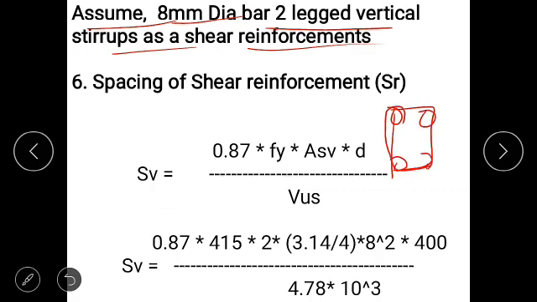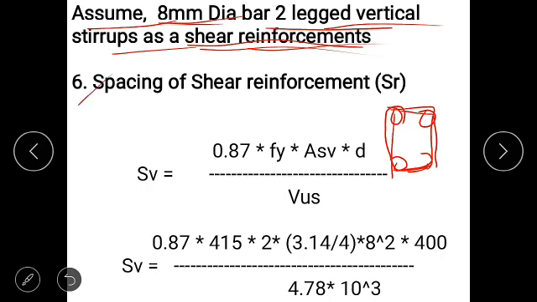We design like this, so it is called a two-legged stirrup. In the first introductory part we already studied two-legged, four-legged and six-legged stirrups. So in this example we assume 8 mm diameter and a two-legged vertical stirrup as shear reinforcement.